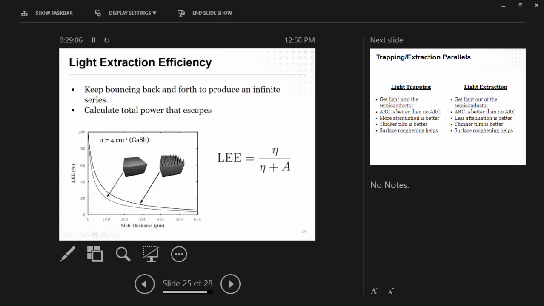So you look out here around 50 microns, and depending on how you texture it, you're getting upwards of, say, 40, 50% light extraction efficiency. But that depends a lot on how you grow the semiconductor, where it came from, and how you're processing the mechanical limits of the material. But in principle, thinner is very much better. There's really no exact answer to how thin you can get, other than it depends on a lot of factors.